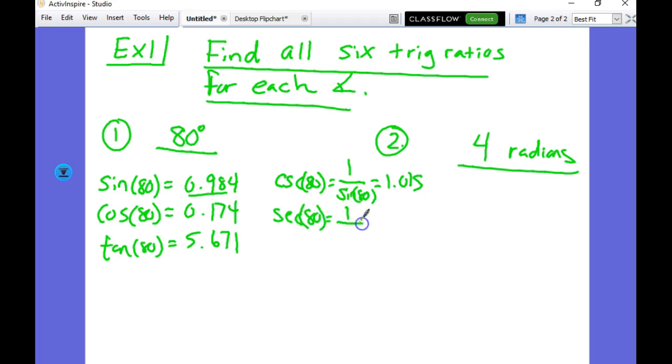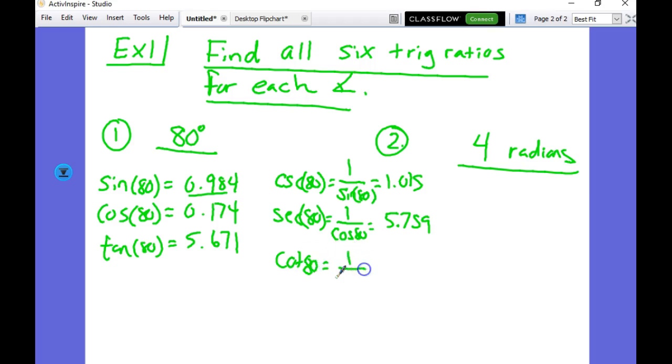All right? Secant of 80. Secant of 80 is 1 over what? Cosine. Cosine of 80, right? So let's do that. I'm getting 5.759. Then finally, let's do cotangent of 80.